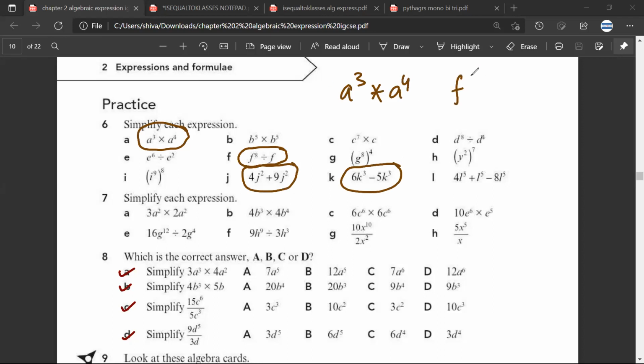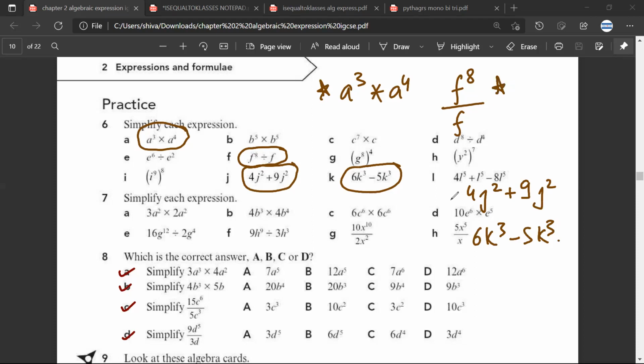The second sum is F8 divided by F. The third sum is 4G square plus 9G square, and the fourth sum is 6K cube minus 5K cube. Is there any interesting thing that you notice when you see these four sums?